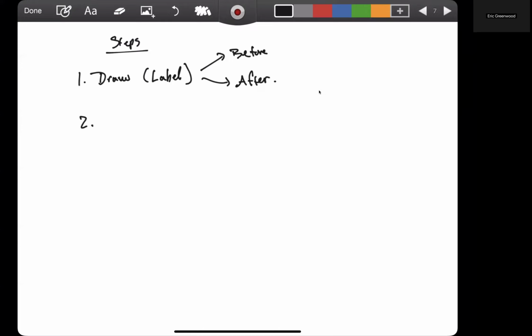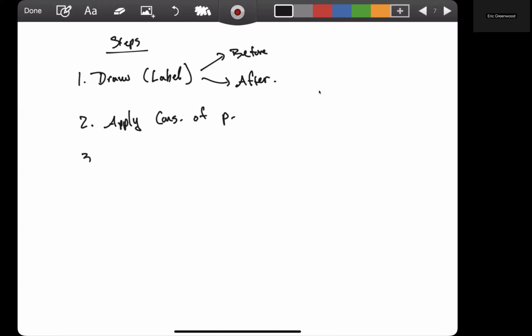Step number 2 is, basically, what type of collision do I have? Do I have an inelastic collision, a completely inelastic collision, or an elastic collision? Once we know that, we can then apply conservation of momentum.